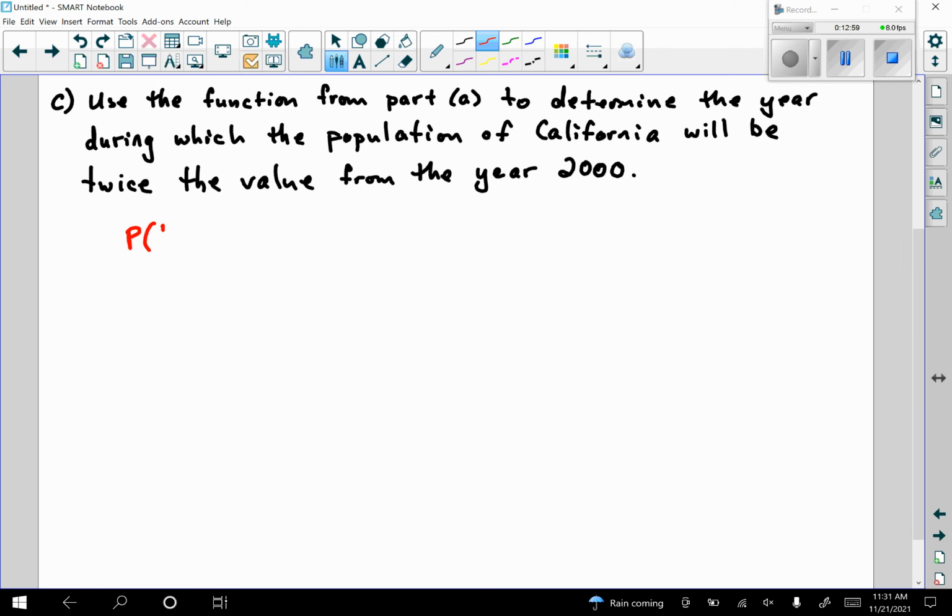I'm just going to rewrite the formula we're using again. So if we double 34, that's going to give us 68. We're going to divide both sides by 34, so 68 divided by 34 simplifies nice. Since it's double, we're just going to get 2.